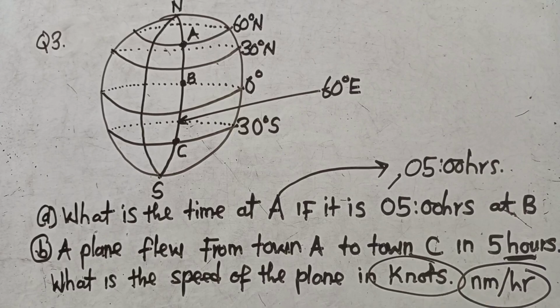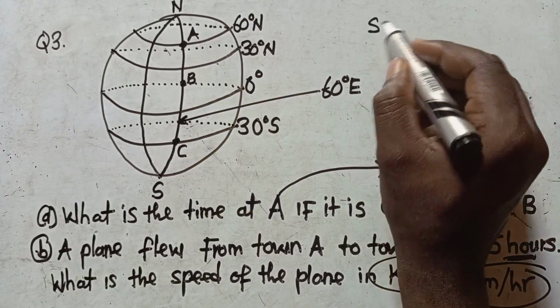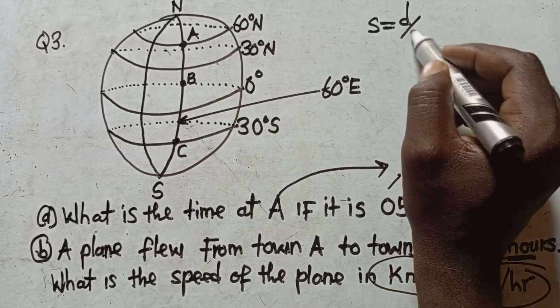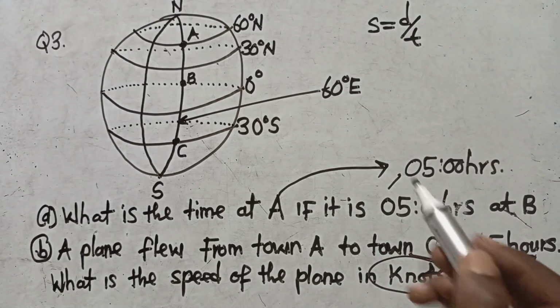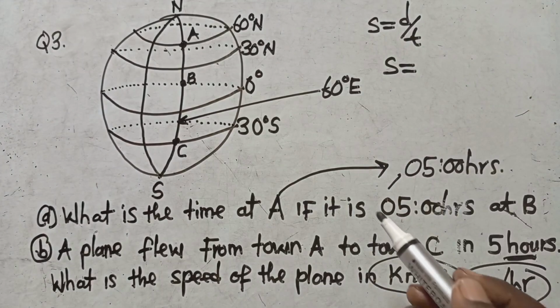This is what you need to understand. So nautical miles, this is distance. We need first to find the distance because we understand that the formula we are going to use, we are going to say speed is equal to distance over time.